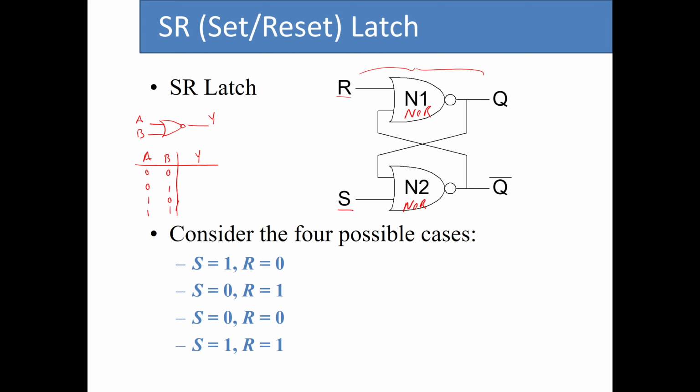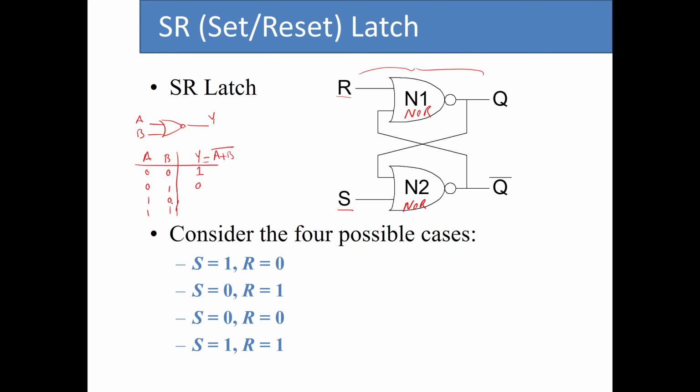Now for each one of them we can find the value for Y, which is the NOR of A and B. When both of them are 0, A OR B is 0, which makes its complement 1, so Y is 1. When A is 0 and B is 1, A OR B is 1, which makes its complement 0.